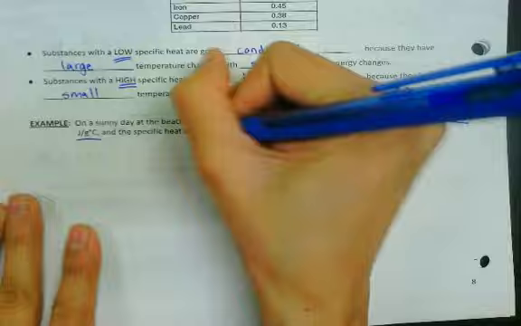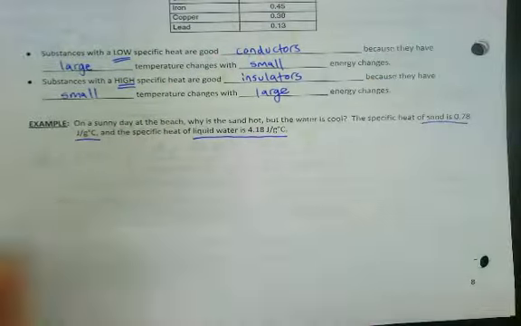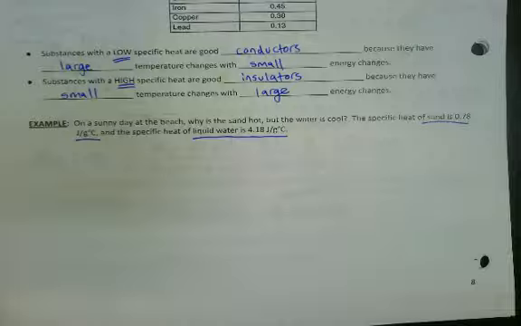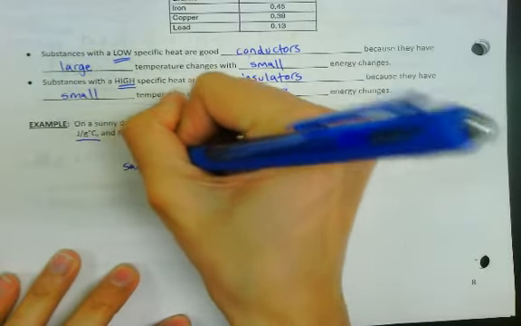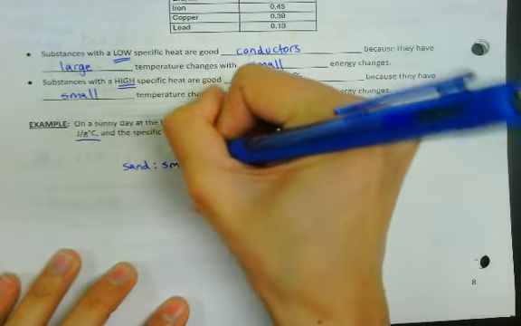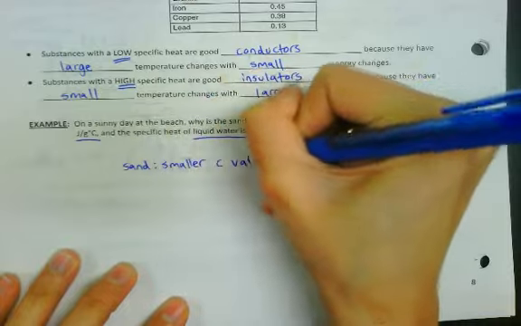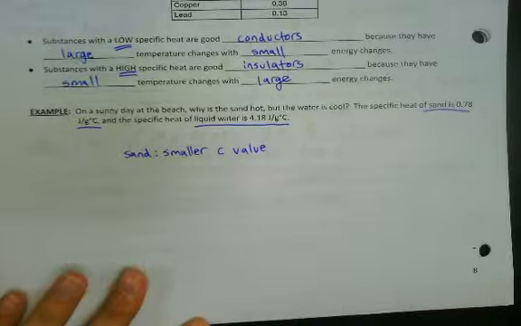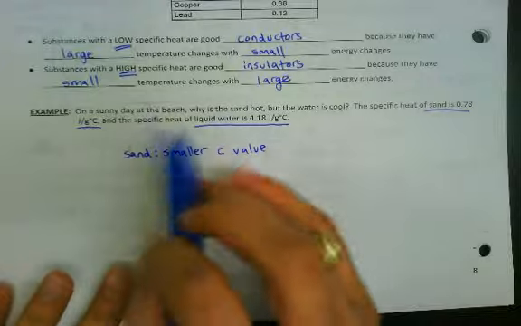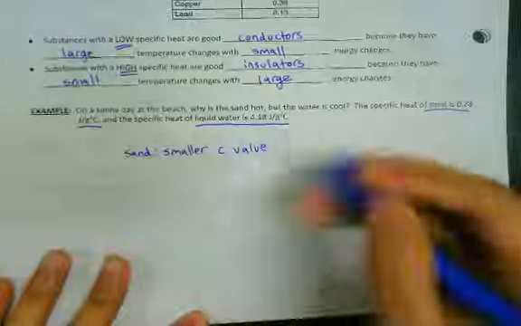So what do we notice right off the bat about the specific heat of water compared to the specific heat of sand? Yeah. Water is much higher than the sand, right? A lot higher specific heat in the water than the sand. So sand has that smaller specific heat value. Why is the sand so hot but the water is so cool?